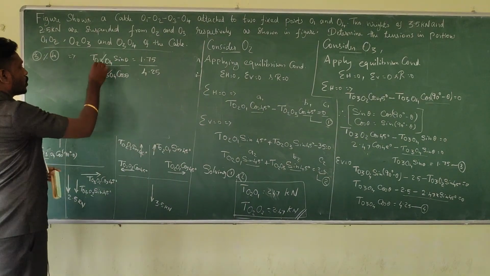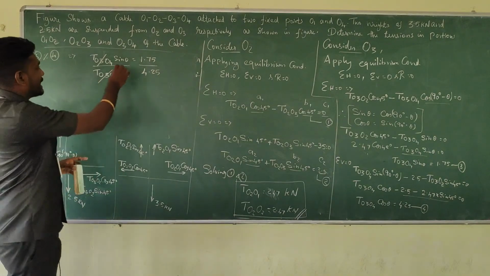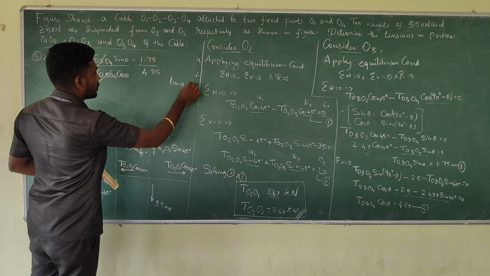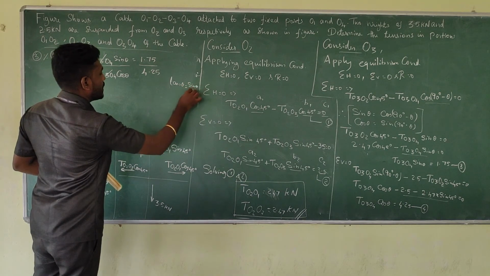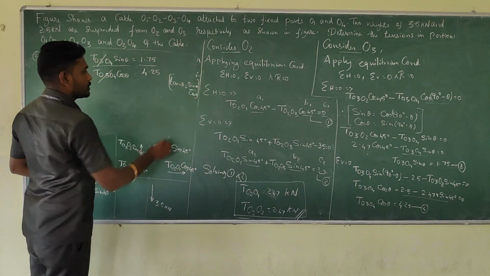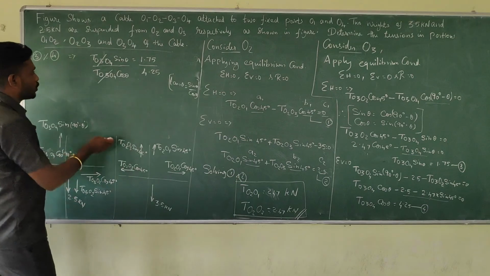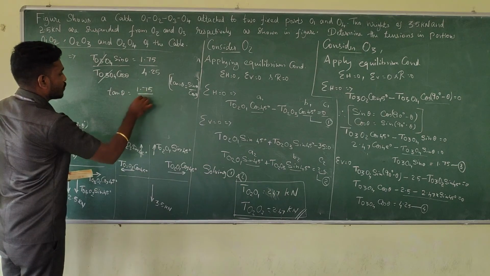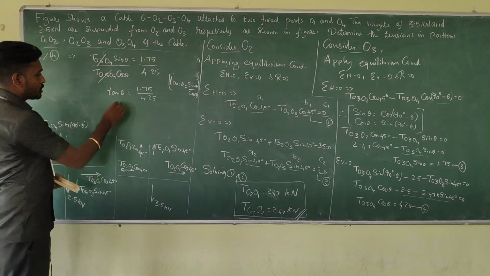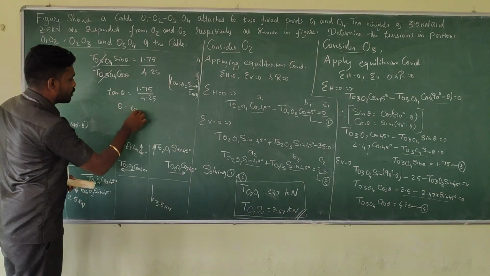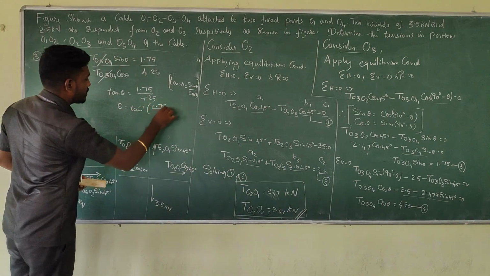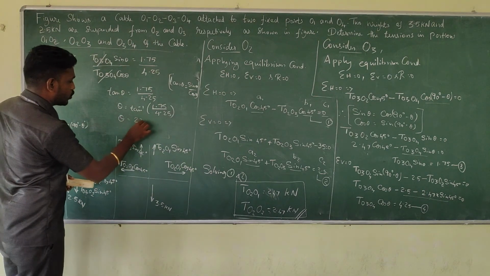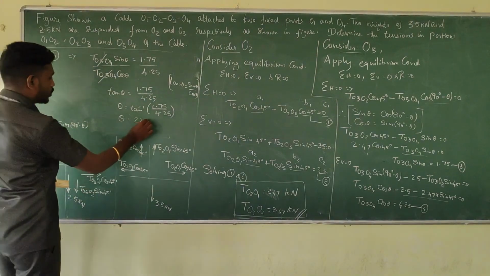Here T O3 O4 gets cancelled, and we know tan theta is equal to sin theta divided by cos theta. So I substitute here: tan theta is equal to 1.75 divided by 4.25. So theta can be calculated by tan inverse of 1.75 divided by 4.25. You'll get the theta value as 22 point something, or 22 degrees.